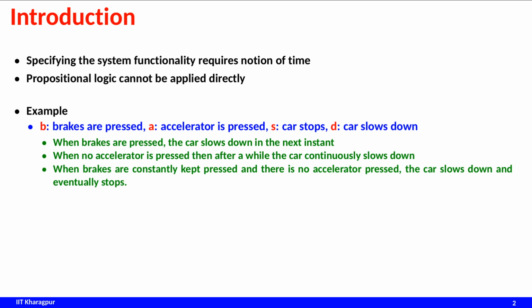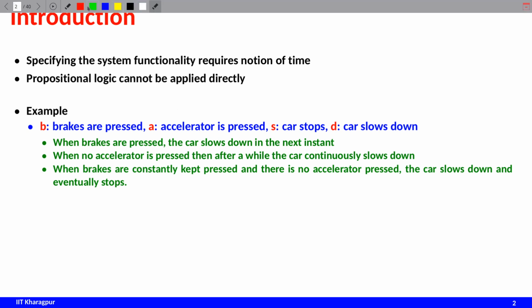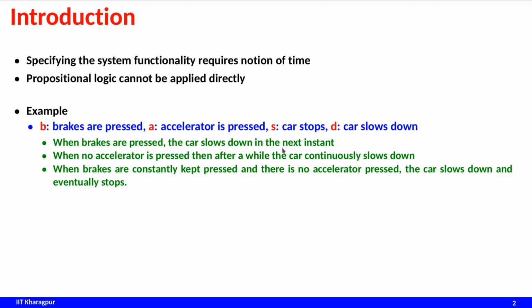The one difference here is that I would like to specify the next instant. If you remember the normal propositional logic, if brake is pressed and the car slows down, I cannot say B implies D, because I am missing this next instant. Similarly, if you look at the second one, when no accelerator is pressed, then after a while the car continuously slows down.